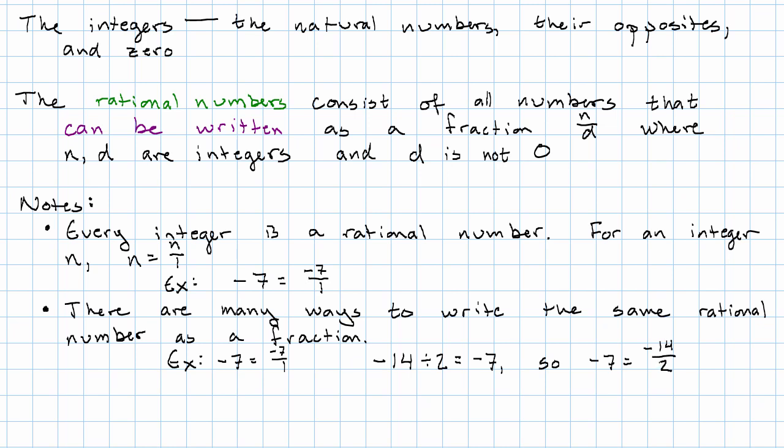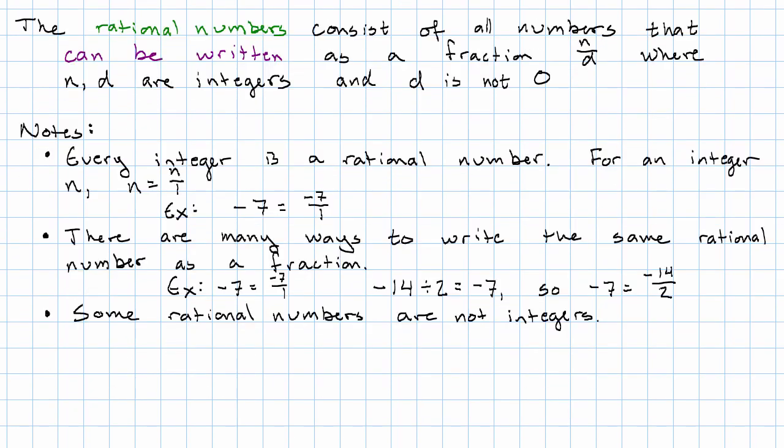Finally, while it is the case that every integer is a rational number, the opposite isn't true. Some rational numbers are not integers. For example, 11/5 is not an integer.